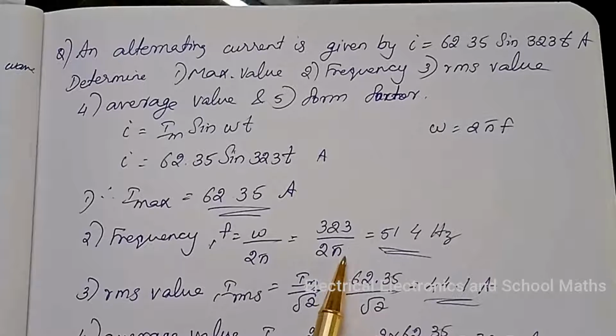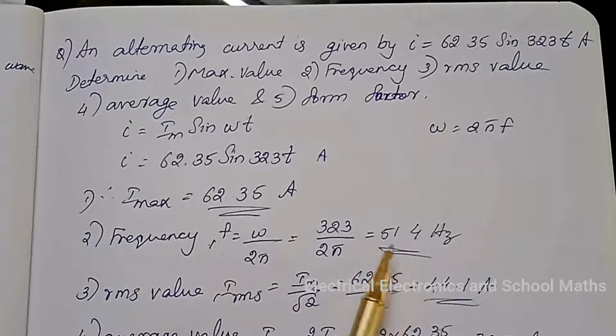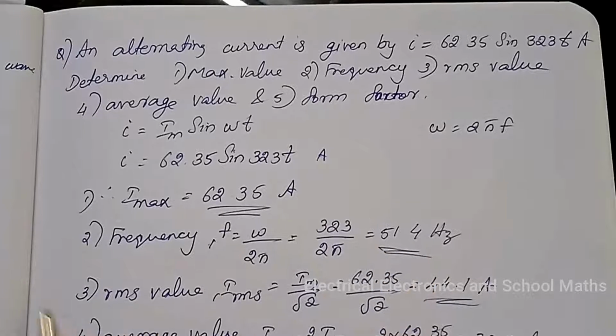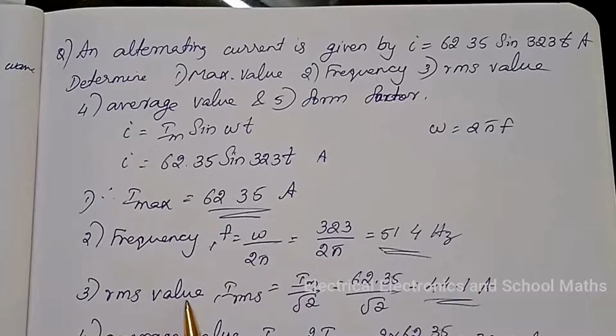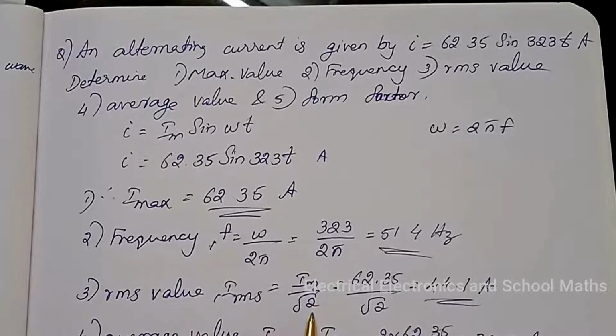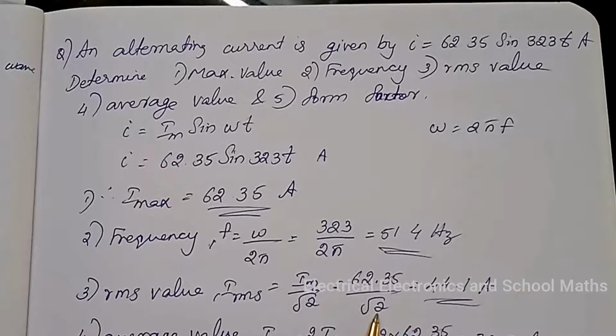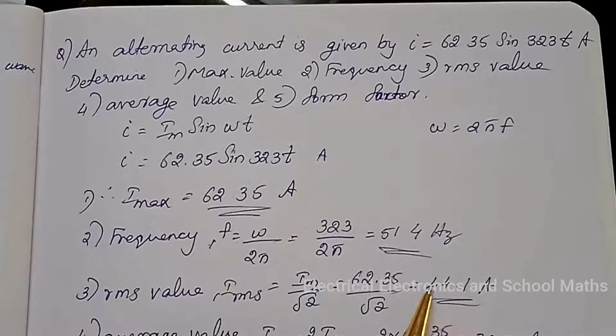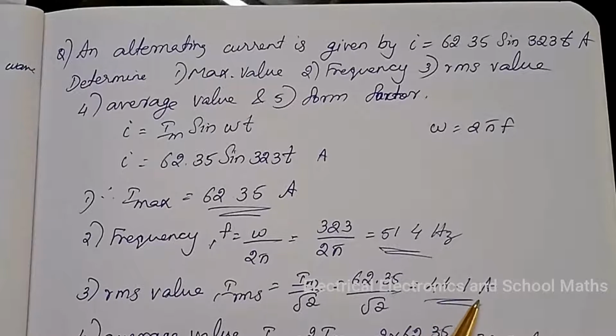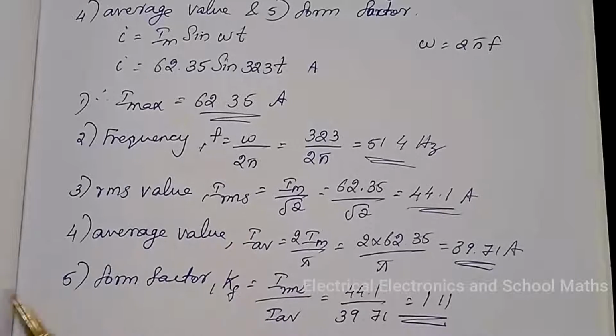Pi is 3.14 and we get a frequency of 51.4 Hertz. Then the RMS value is Im by root 2. The maximum value is 62.35 divided by root 2 and we get 44.1 ampere.